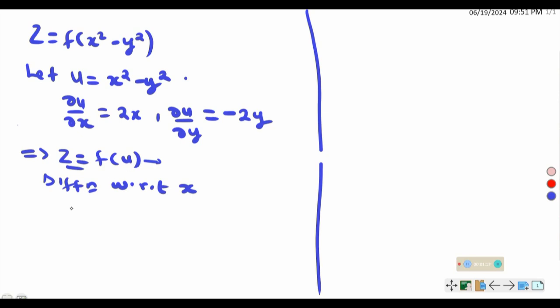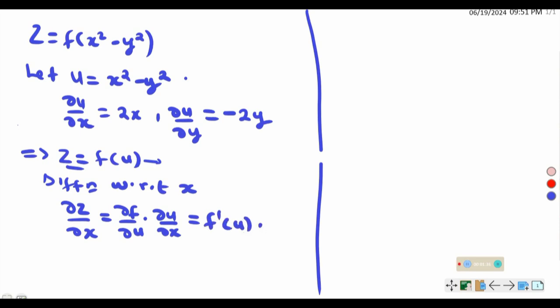So we shall have del z del x, which is equal to, this is same as having del f del u times del u del x, which means you can still write this as f derivative of u times del u del x.